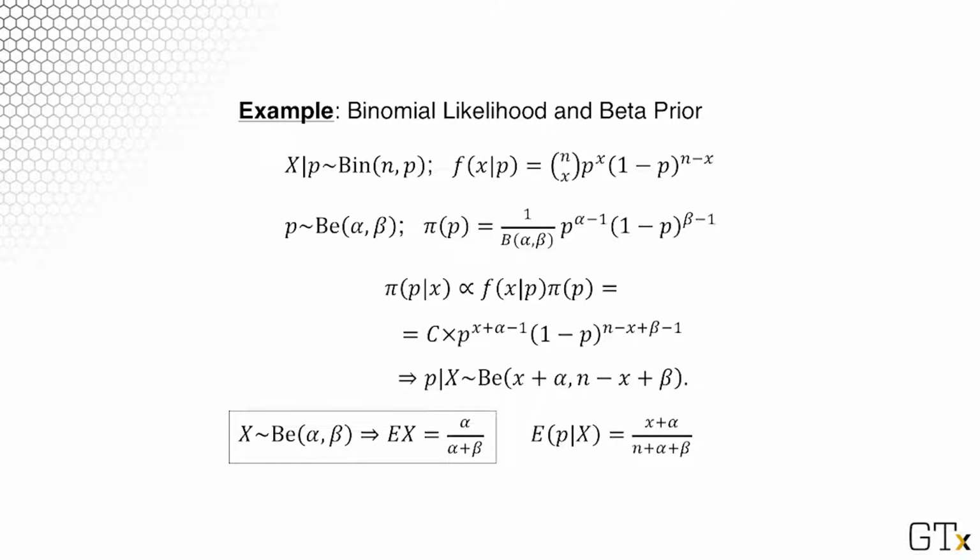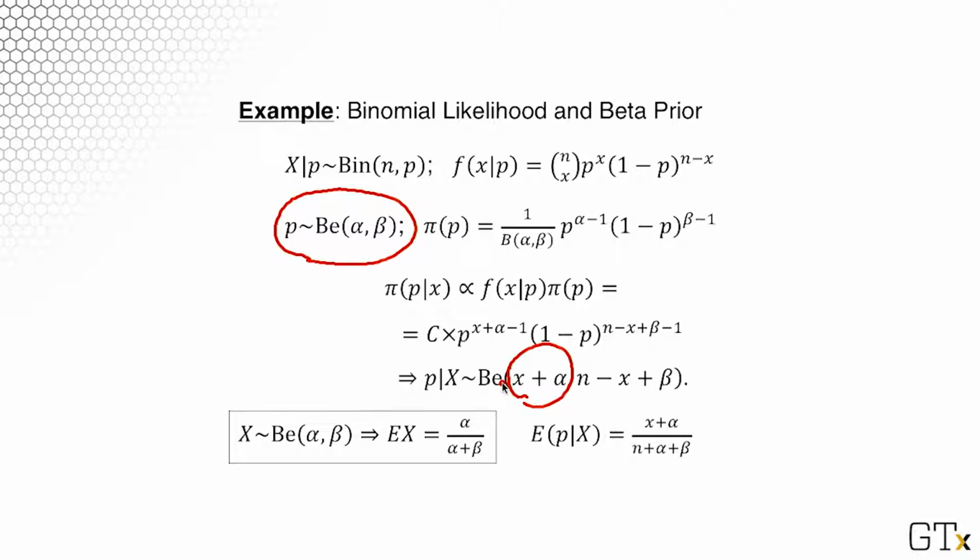So let's take a look. Before the experiment, you believed that the prior on p is beta, that p is distributed as beta with parameters alpha and beta. After the experiment, after you observe this x, which is binomial, the posterior distribution on the parameter gets updated.